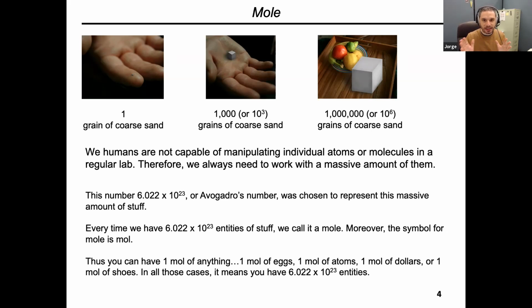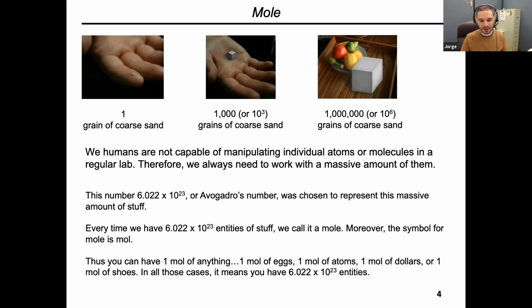And that's the idea behind the mole. It's just a huge amount of stuff, and the number that represents this huge amount is 6.022 times 10 to the 23rd, called Avogadro's number. Thus, you can have 1 mole of anything: 1 mole of eggs, 1 mole of atoms, 1 mole of dollars, or 1 mole of shoes.